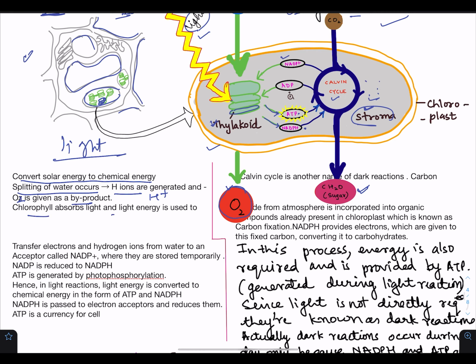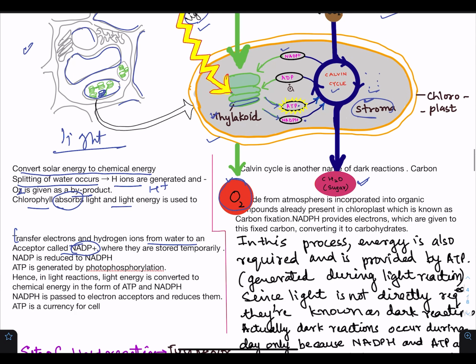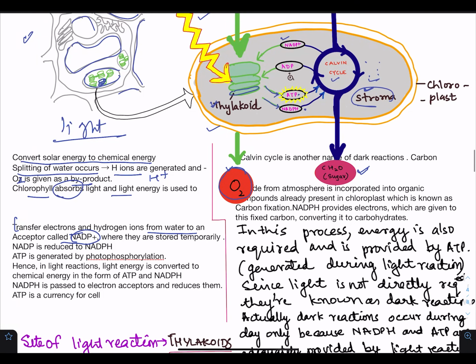Chlorophyll absorbs light and light energy is used to transfer electrons and hydrogen ions from water to an acceptor called NADP. This light energy is absorbed by chlorophyll and electrons are transferred, and the electrons are accepted by NADP.